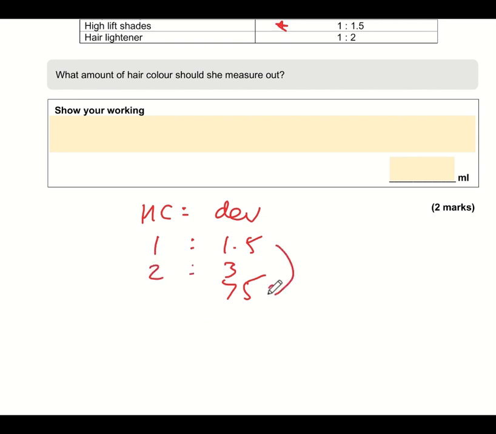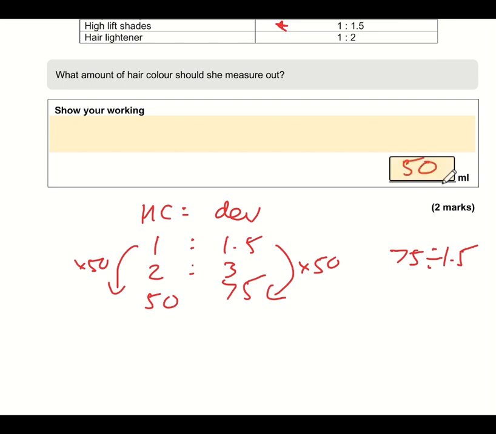So how many times greater than 1.5 is 75? Well, the answer is 75 divided by 1.5, which is 50. So we're scaling up this ratio by 50, and of course 1 times 50 is 50, so she should measure out 50 millilitres of hair colour.